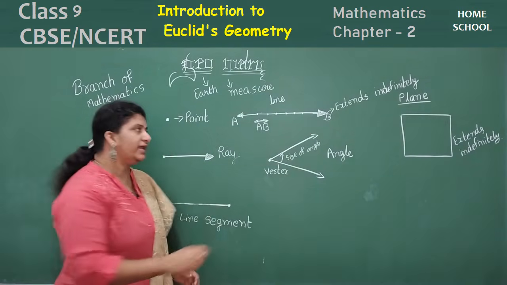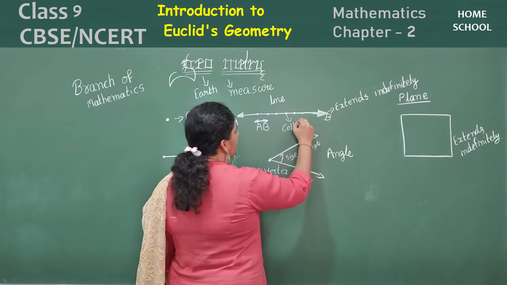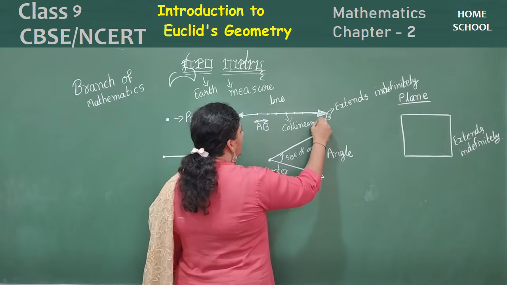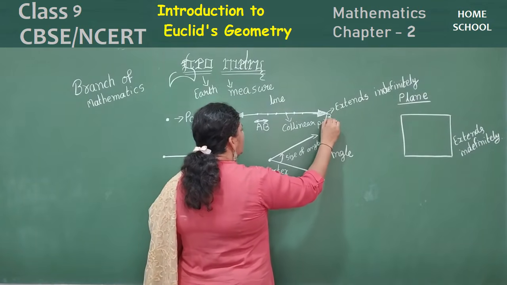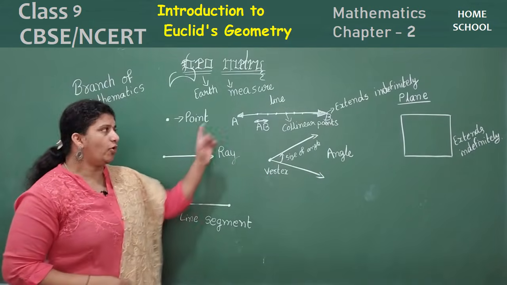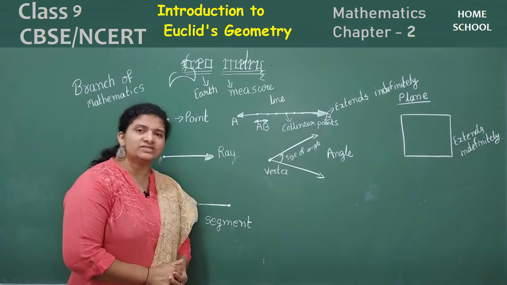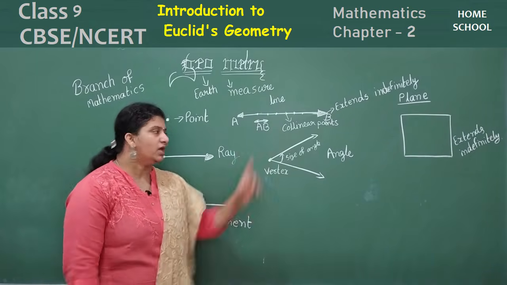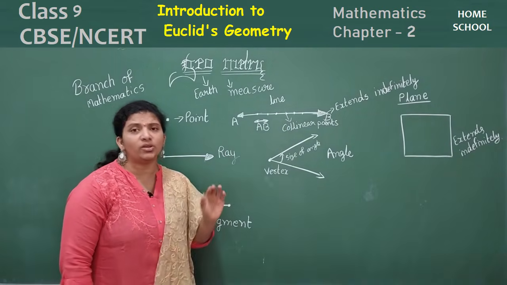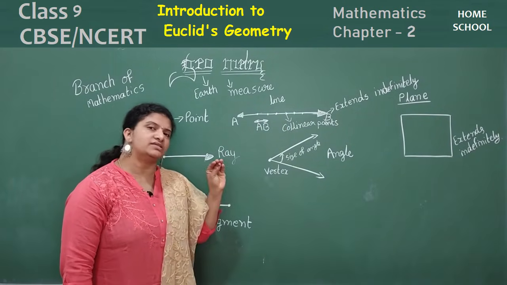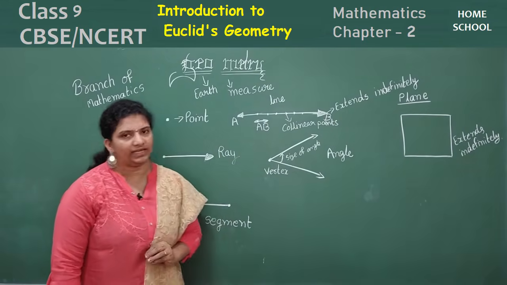Collinear points. Why are they collinear? All the points lie on the same line. So those types of points are called collinear points. C, D, E, F, G, these are all the points which are marked on the same line. All those points are collinear.